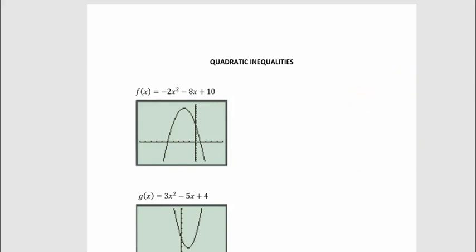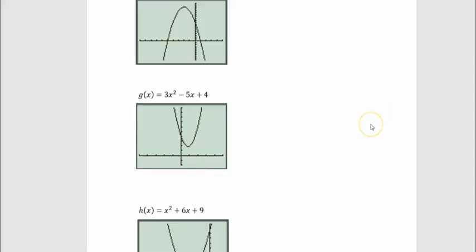So let's go on to the next one. Now for g, you can clearly see that g is completely above the x-axis. So where is g greater than 0? Well, that's asking where is it above the x-axis.